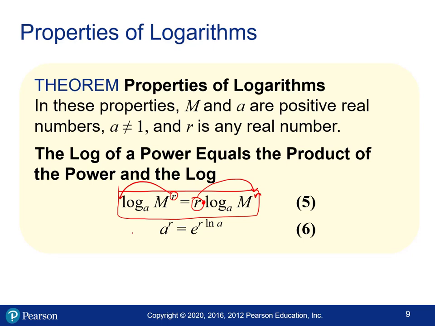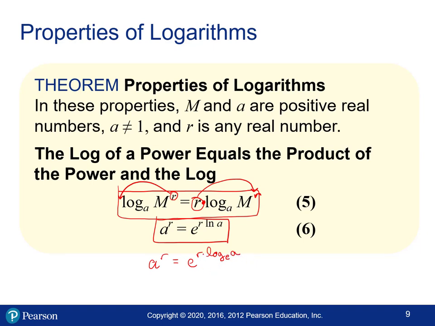All right, similarly here we have a to the r equals e to the r ln a. So this one says the following if you rewrite it. So let's see why this makes sense. e to the r log base e of a.